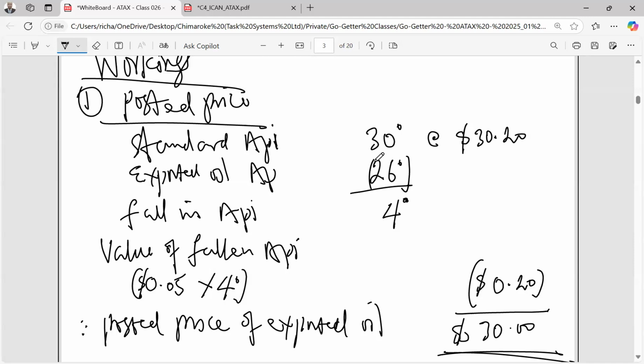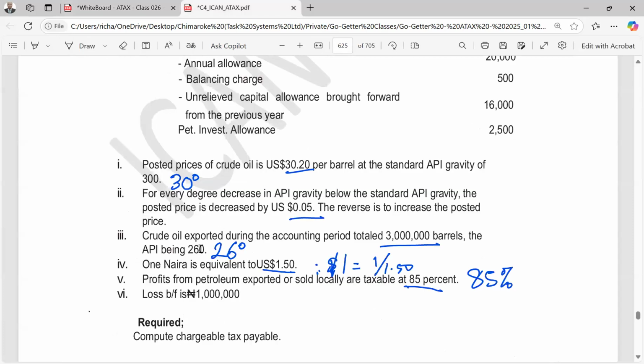Assuming this was 36 and not 26, we would have added this 0.2 to 30.2. But now it's a fall. So we will need to reduce because the language here says for every degree decrease in API gravity below the standard, so 26 is below 30, the posted price, which is this, will be decreased by this.